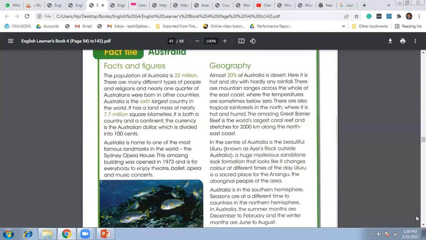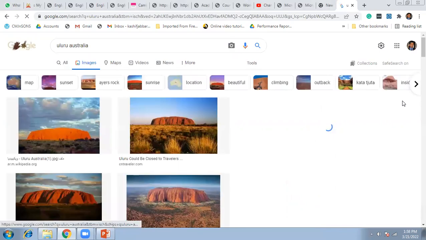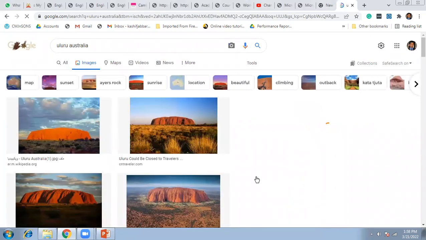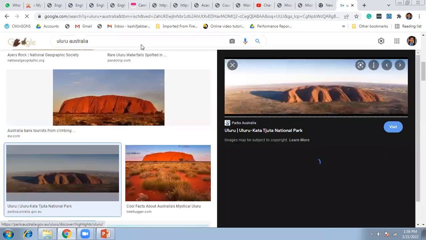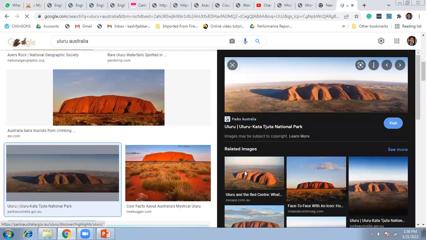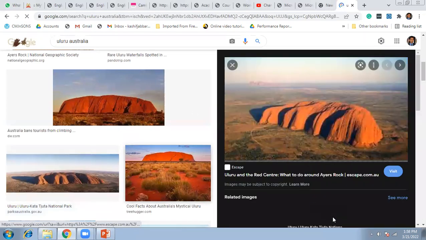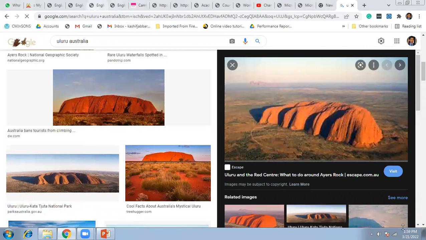the northeast coast. In the center of Australia is the beautiful Uluru, known as Ayers Rock outside Australia. Here you can see the pictures of Uluru as well. This is a very different type of mountain, there's no other mountain you'll find nearby this Uluru mountain.